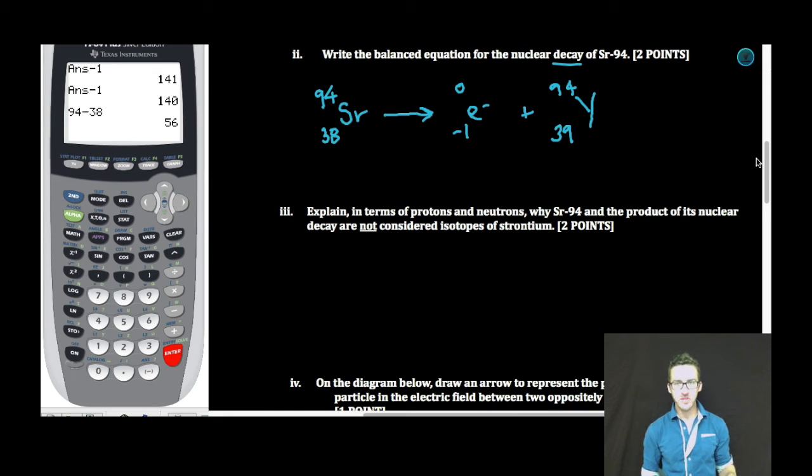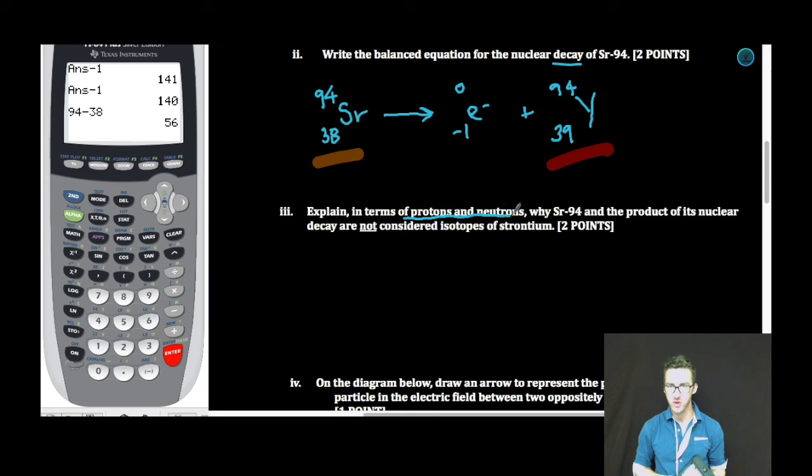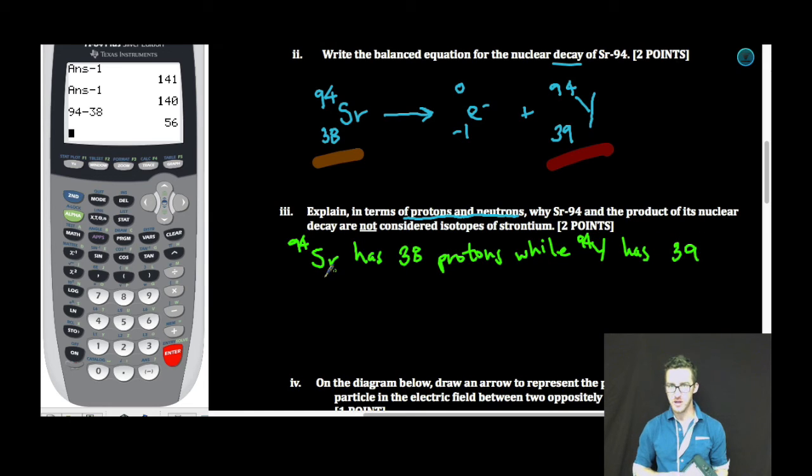Subpart III. Explain, in terms of protons and neutrons, why strontium-94 and the product of its nuclear decay are not considered isotopes of strontium. Now, it's important that you read this carefully. You have to explain in terms of protons and neutrons. So let's do it in terms of protons first. We'll say strontium-94 has 38 protons, while yttrium-94 has 39 protons, making them different elements.